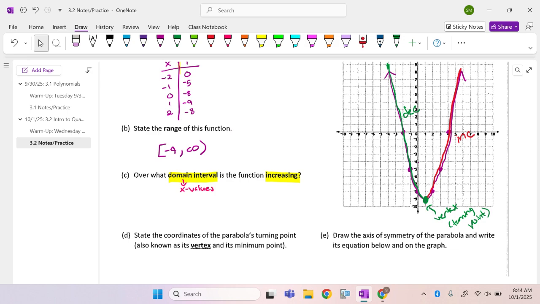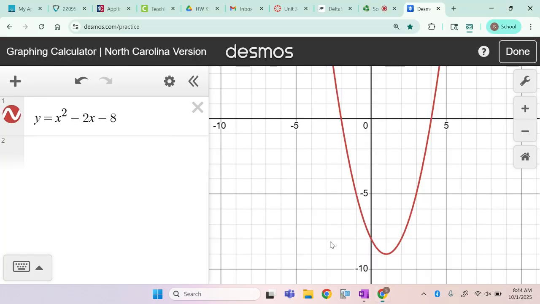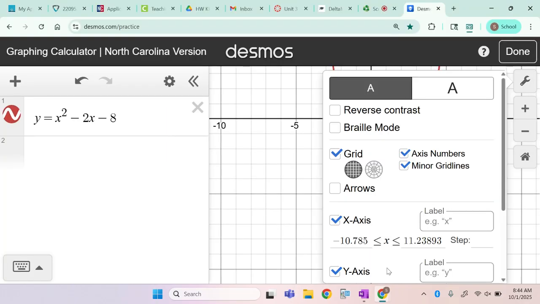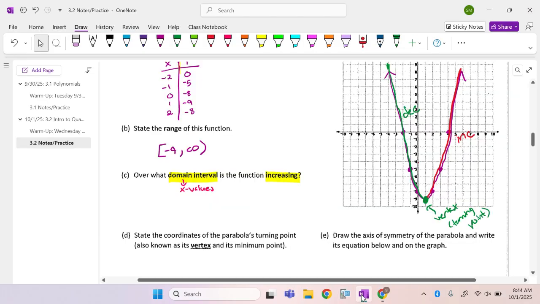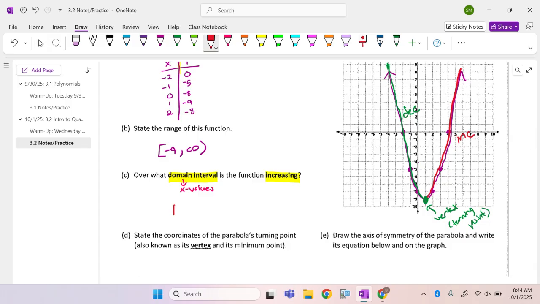It's +1. So remember, x values only. So that's why if you were looking at Desmos, I said, turn off the y-axis so that the other numbers don't throw you. Right here's the turning point. It's right at 1. All right. So we start at 1.